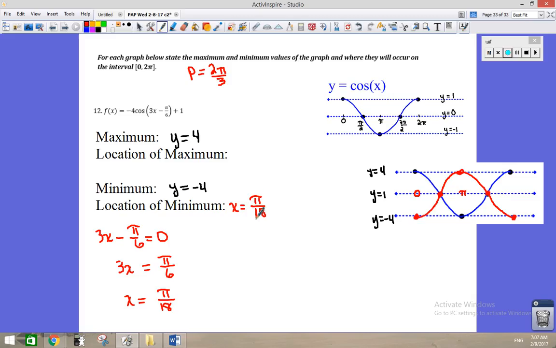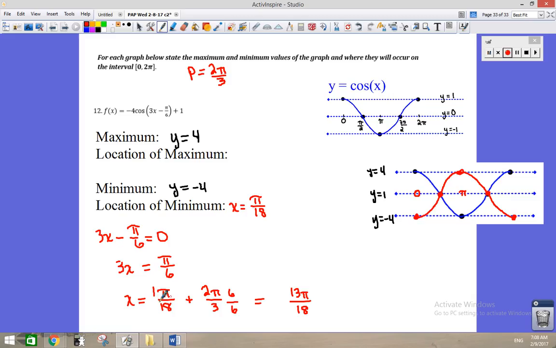So if this is pi over 18, then I know that the next time that I'm at a minimum value is, well, if I get a common denominator of 18, the next time that I'm going to be there is at 13 pi over 18.